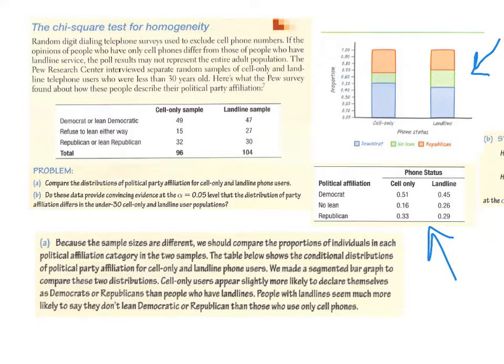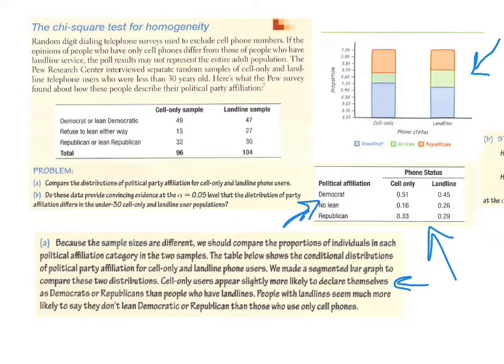By looking at this information, they stated here that our cell-only users appear slightly more likely to declare themselves as Democrats or Republicans. No lean is right here in the middle. So we had a little bit higher percentages of cell phone users that were leaning one direction or the other.